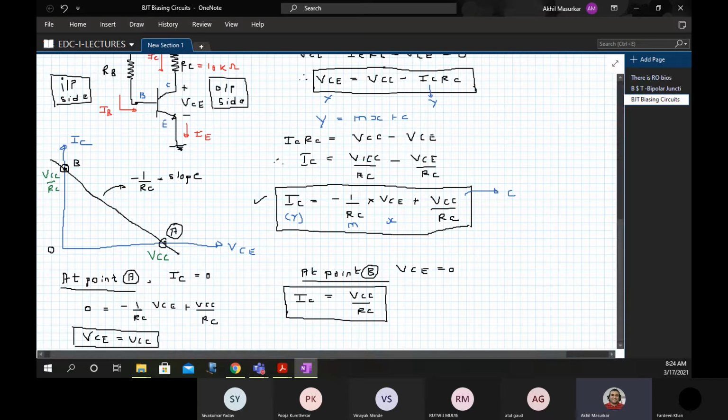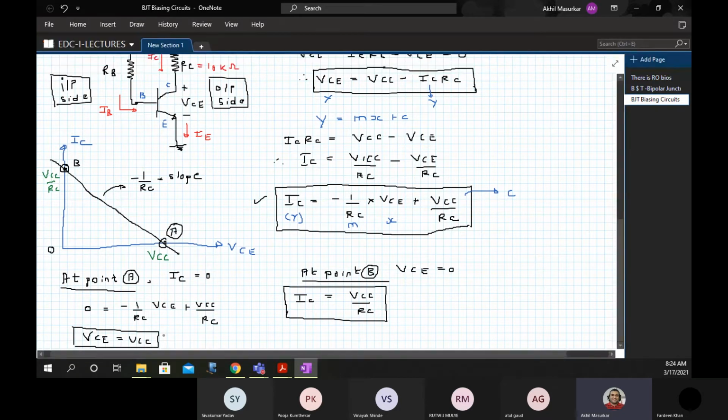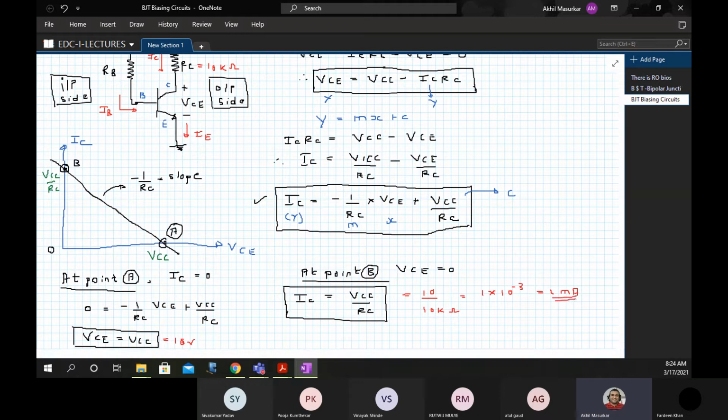Here if you look at the values, VCC would be 10 volts and IC would be 10 upon RC, where RC is 10 kilo ohms. So that will be 1 into 10 raised to minus 3, that is 1 milliampere.